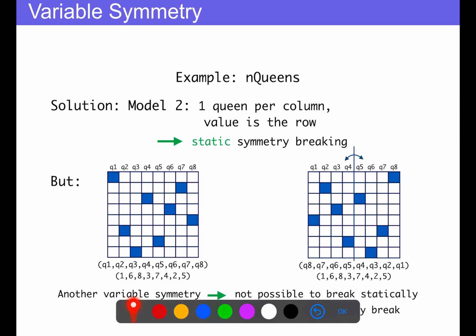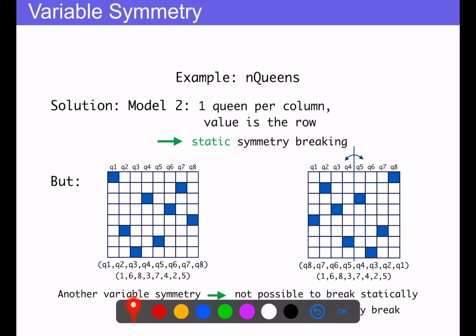Another model for the n-queens problem is to choose one queen per column, and the value represents the row. In that case, you still have a symmetry problem because you can flip vertically the solution, like a vertical mirror, and you still have a solution.